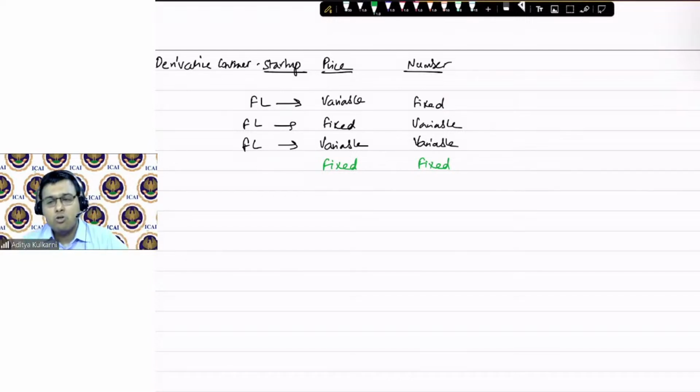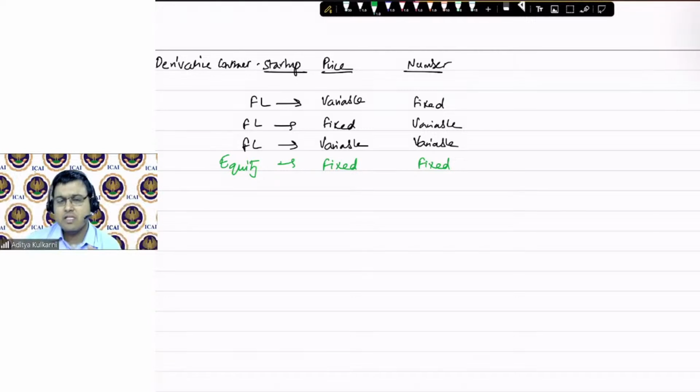That means tomorrow the startup performs very well, the private equity will have lots of positive side. Whereas if the startup does not perform well, because of the fixed price, fixed number, the startup is also stuck and will bear the same losses as the shareholders do.